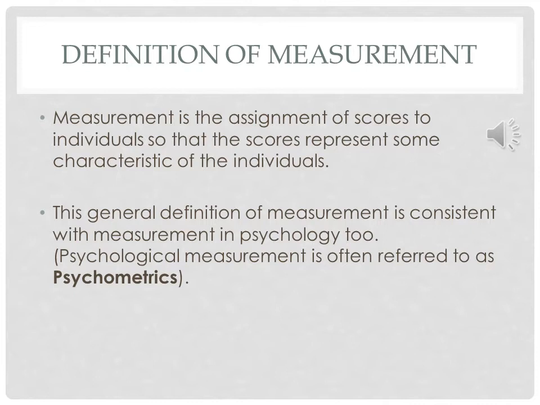So this general definition of measurement is consistent with measurement in the psychological area too. That is, when you are scoring, the psychological measurement is also referred to as psychometrics.